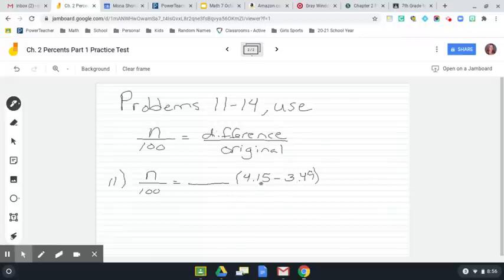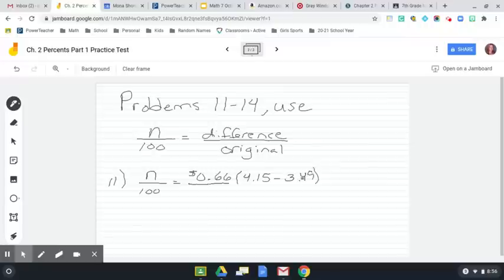When you subtract that, you should be doing this on your calculator, your dollar amount difference is 66 cents actually. There's a 66 cents difference in cost.